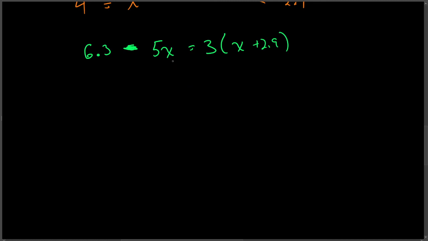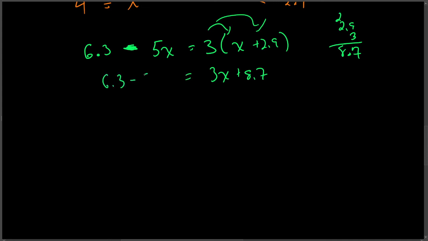So we need to get this distributed through so that we can have kind of all our variables isolated. So I'll do my distribution. 3x plus, well, I need to multiply 2.9 by 3. So that's 7, carry my 2, 8, add 1 decimal place. So 8.7.